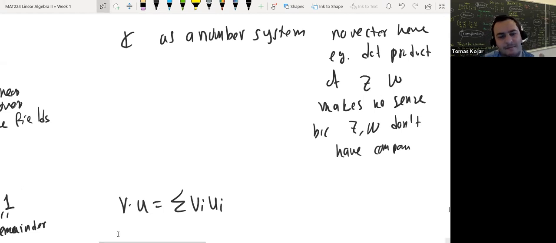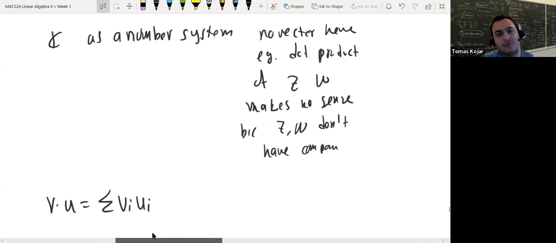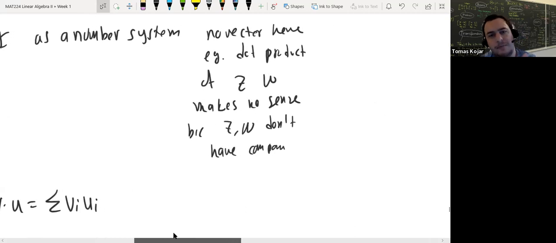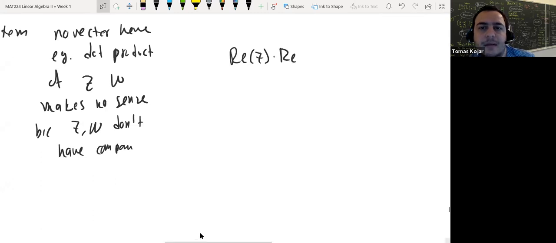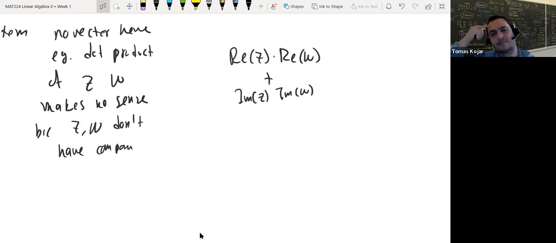But on the other hand, if you go to its isomorphic copy, then yeah, you basically multiply the real part and the imaginary part, but we never really do this. But yeah, I'm not sure.